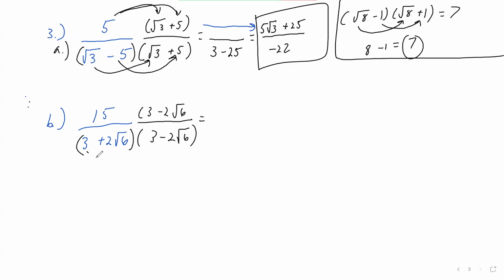It would. So I'm going to do 3 times 3, which is 9. And now when I do this part, it's 2 square root of 6 times negative 2 square root of 6.